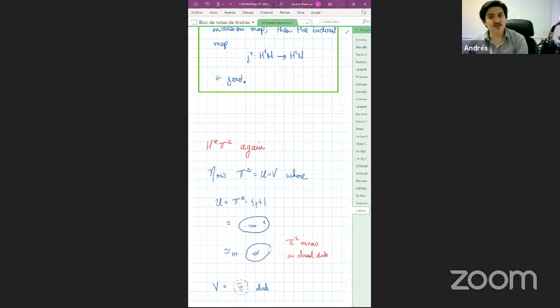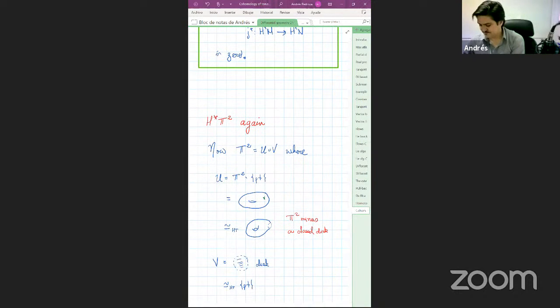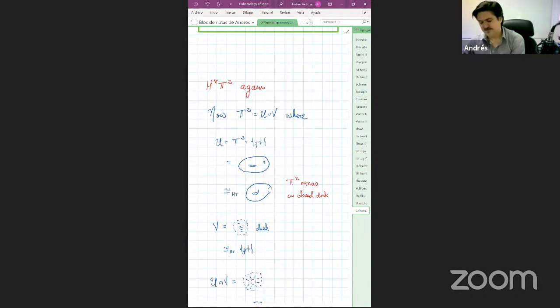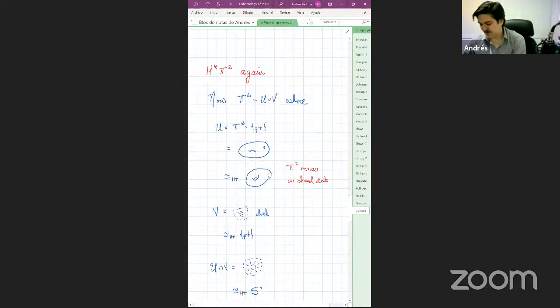Then what about U intersection V? It will be a cylinder, right? It's basically the disk minus an interior point. And we know the homotopy type of that. That is the circle.